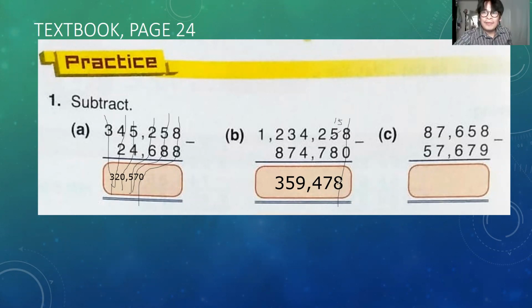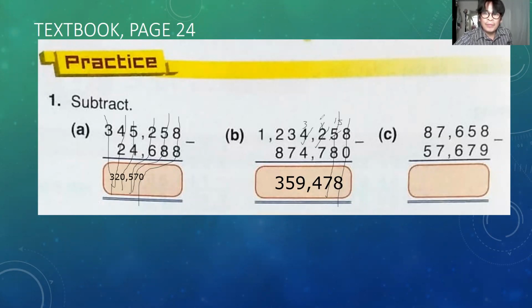15 minus 8 equals 7. And then this one becomes 11. 1 minus 7 cannot be, so we borrow from 4. So this is 3.